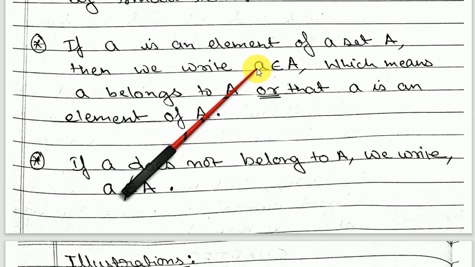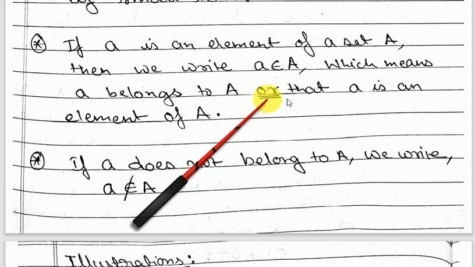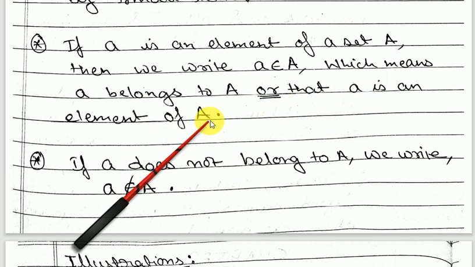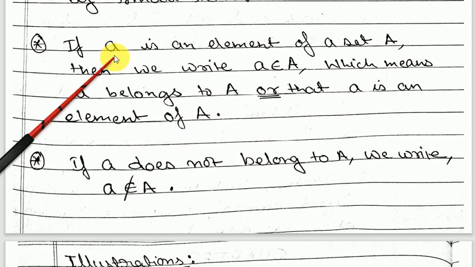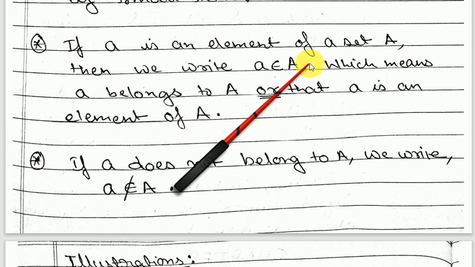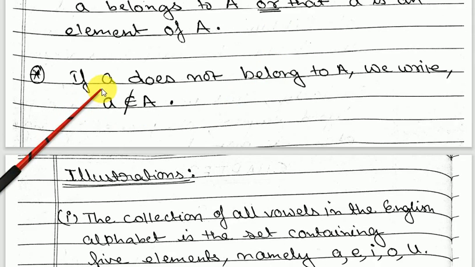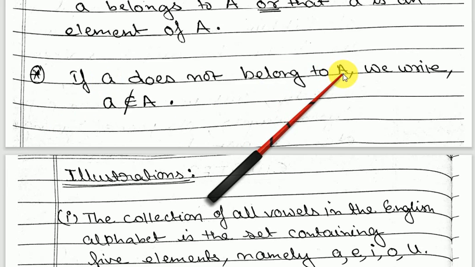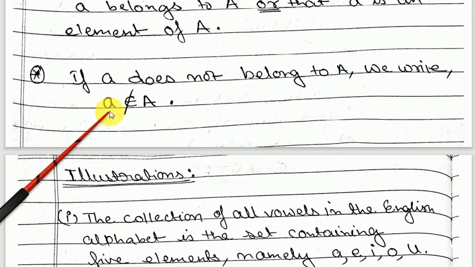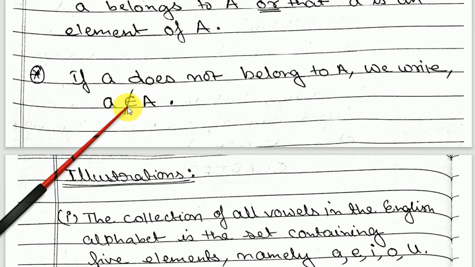We read it as a belongs to A, or that a is an element of A. Next, suppose that this element a does not belong to the set A, then we write it in this manner: a does not belong to A.